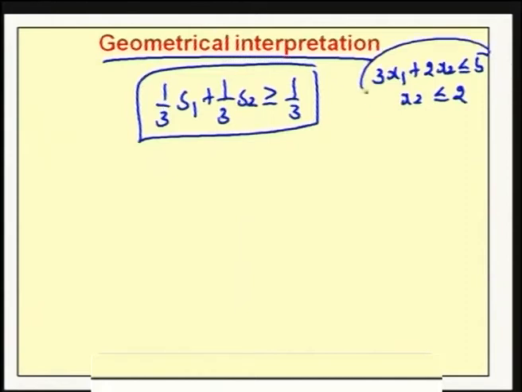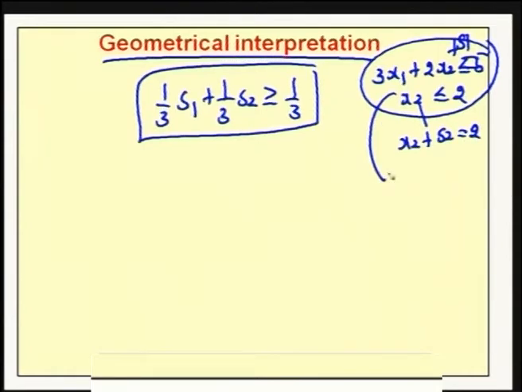The given constraints for this problem are 3x1 plus 2x2 less than or equal to 5, x2 less than or equal to 2. Now, by introducing a slack variable, this inequation becomes 3x1 plus 2x2 plus s1 equal to 5. By introducing slack s2, the equation can be written as x2 plus s2 equal to 2.